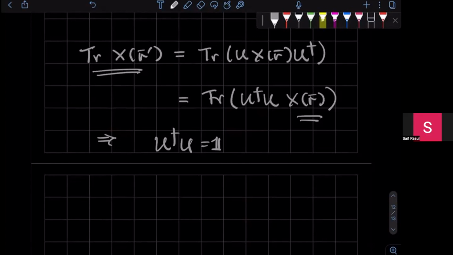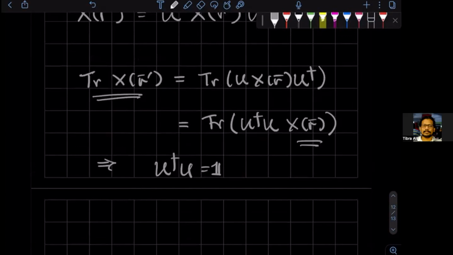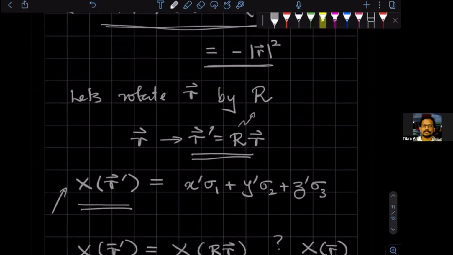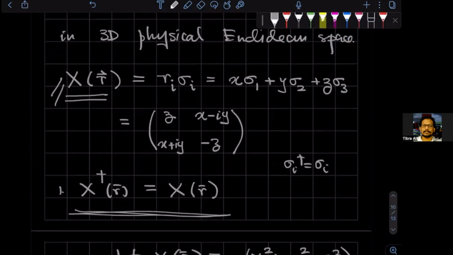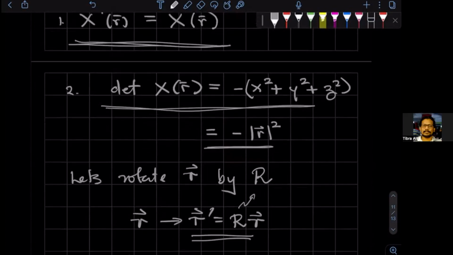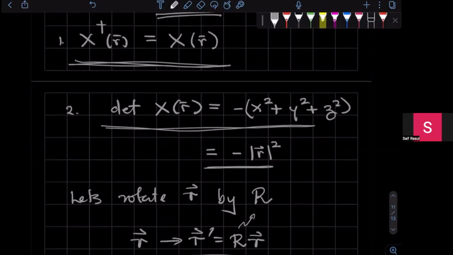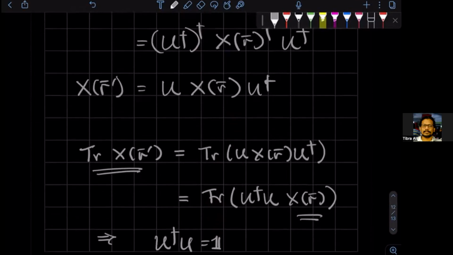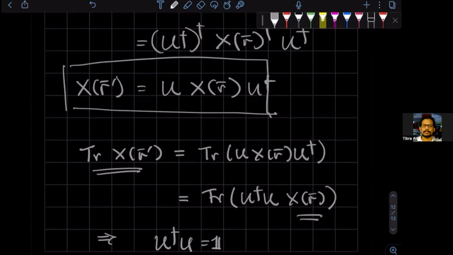I didn't get this part, actually. Yeah, that's fine. So, the way we have defined X, if you go back, X is traceless, right? Yes. So X of R prime is also going to be traceless, right? Yeah. So, but X and X prime are related via this equation, right? Yeah.